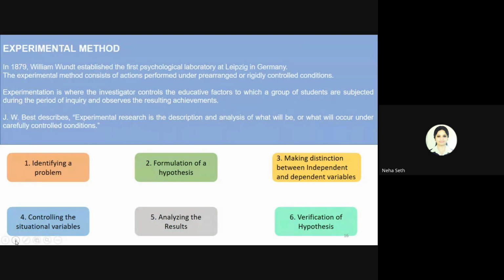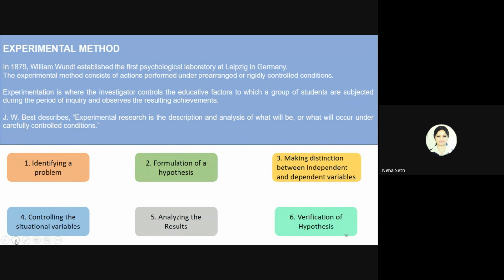Then we can apply various tools, first for data analysis, and after analysis we have to interpret the results. Once we have done the interpretation, we have to check whether our hypothesis is accepted or not. So we have to verify our hypothesis at this stage.